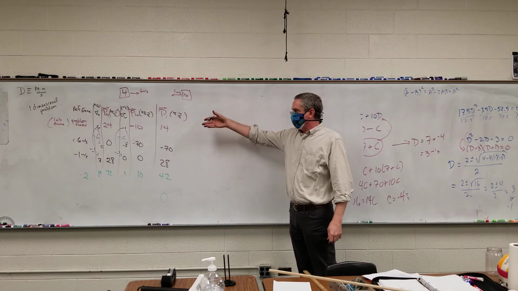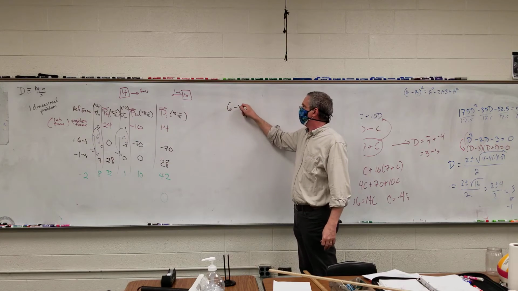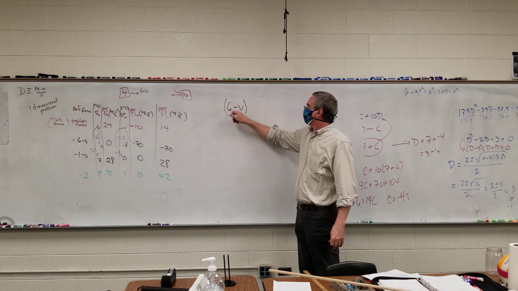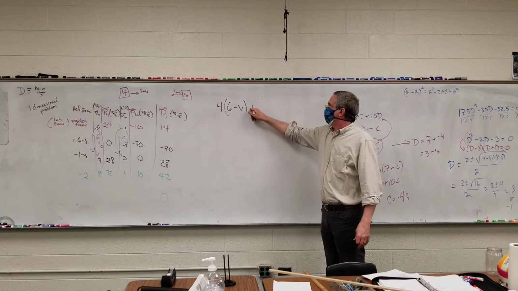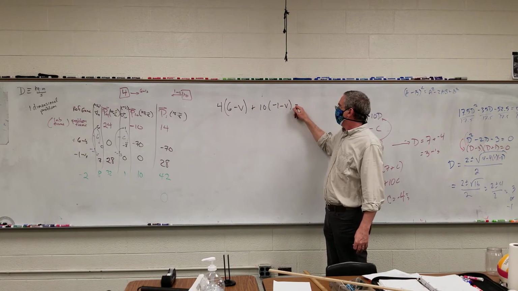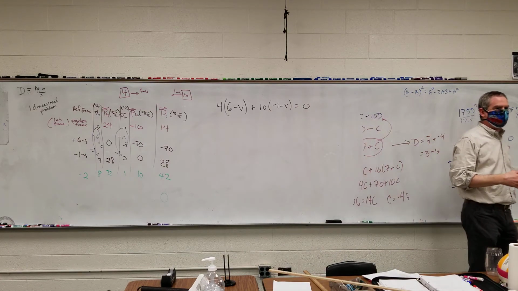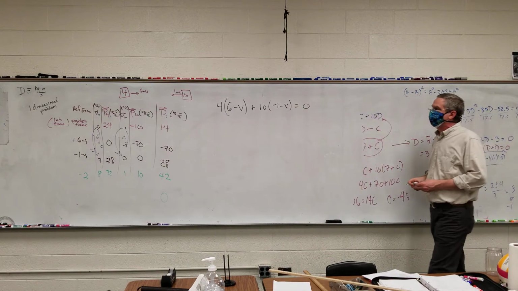So since when I move to a reference frame, I'm just subtracting how fast I'm going, so that's 6 minus v times 4, plus 10 times -1 minus v equals 0. So I'm trying to figure out what is the value of v that I subtract from both sides so that I end up with no momentum total.